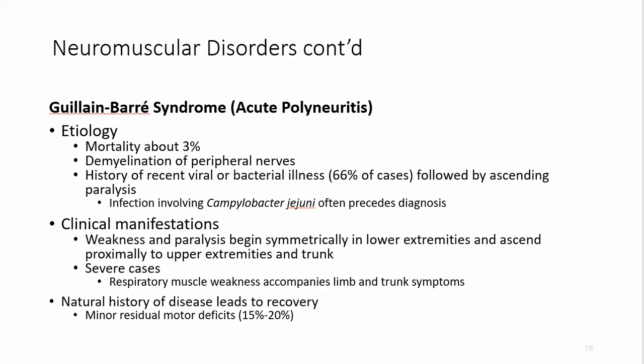It's an ascending paralysis, and what it comes from is an autoimmune attack on the Schwann cells. It's a demyelination of the peripheral nervous system, not of the central nervous system. It doesn't affect the oligodendrocytes like multiple sclerosis does. It's the Schwann cells in the peripheral nervous system.